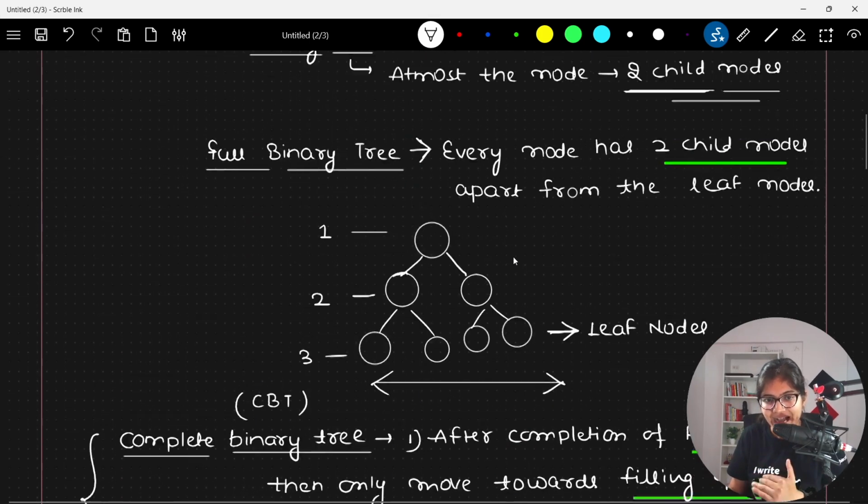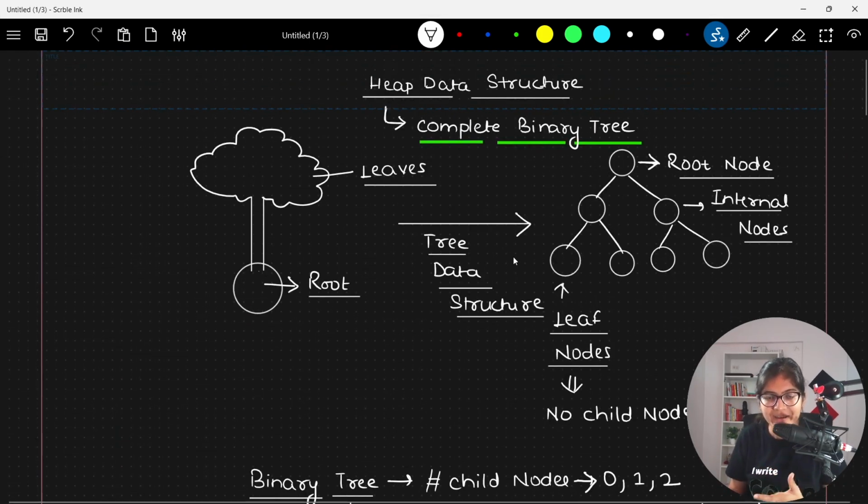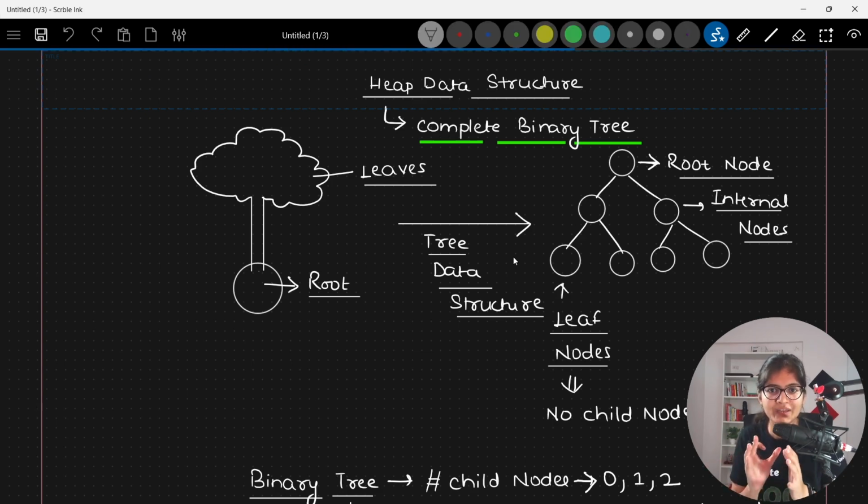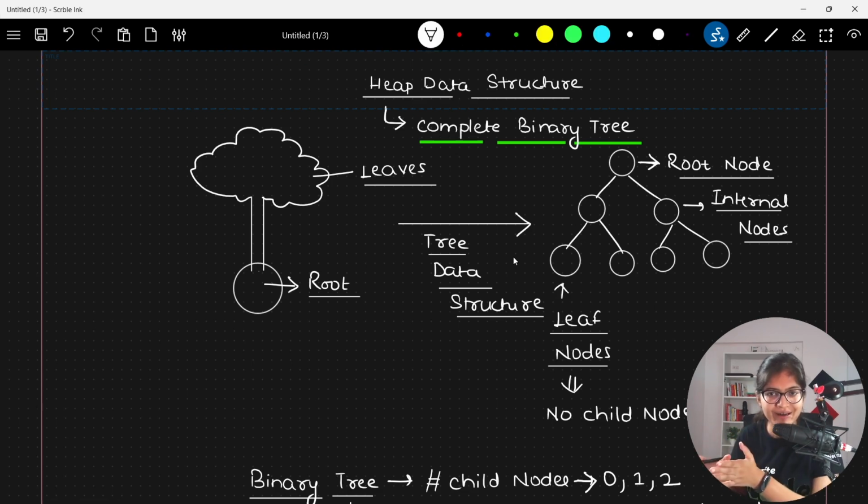Mainly I wanted to let you know the meaning of a complete binary tree and its properties. So in this session, I have covered that. We have seen the major difference between a full binary tree, a complete binary tree, and an almost complete binary tree. We have also seen the important properties of a complete binary tree.